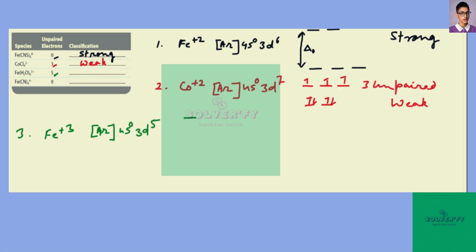So this is only possible when the splitting is very less, and the ligand is weak. So in this case, electrons are first filled singly and then only pairing is taking place.